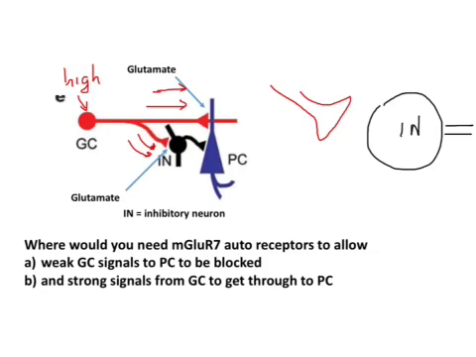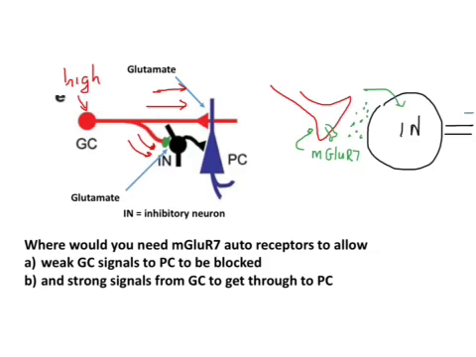And really what we're talking about is putting the metabotropic glutamate receptor 7 on this presynaptic terminal right here, which says then if the levels were high and there was lots of neurotransmitter coming out, remember at moderate levels the red axon terminal from the granule cell excites the interneuron and leads to inhibition, and it cancels out.